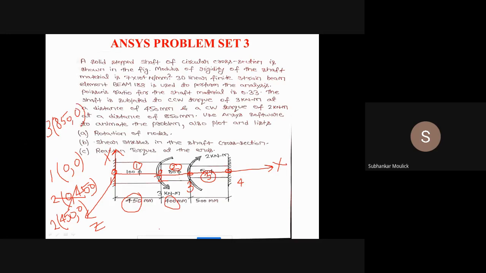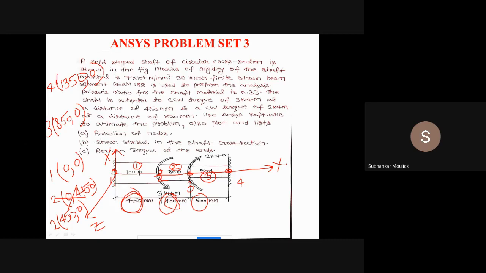The fourth nodal point is 1350, 0, since 450 plus 400 is 850 and 850 plus 500 is 1350. Correct. Please note it down somewhere because I will be closing the PPT afterwards. Then you have to tell me all these values while importing into ANSYS. Is it clear to all of you?